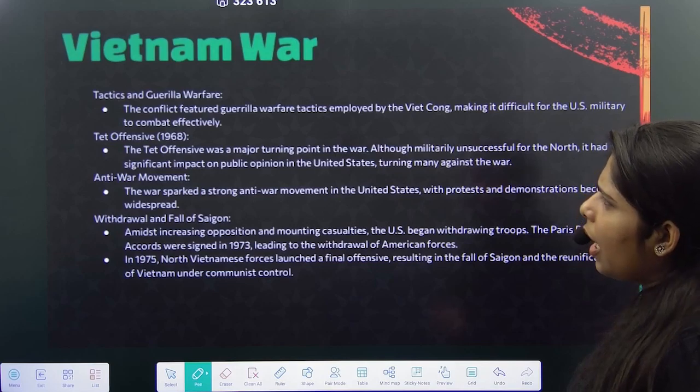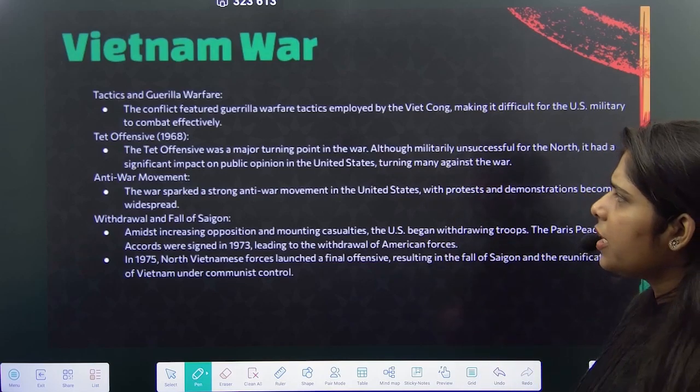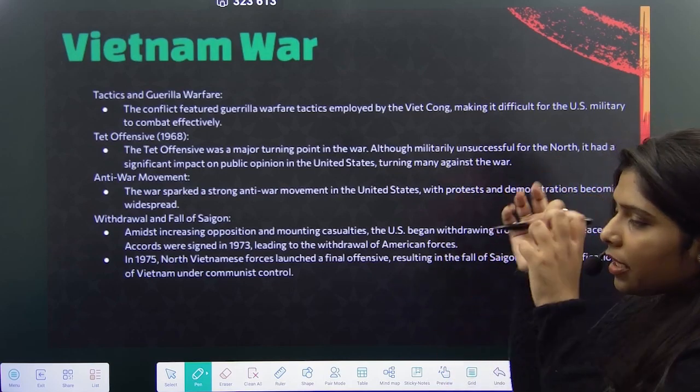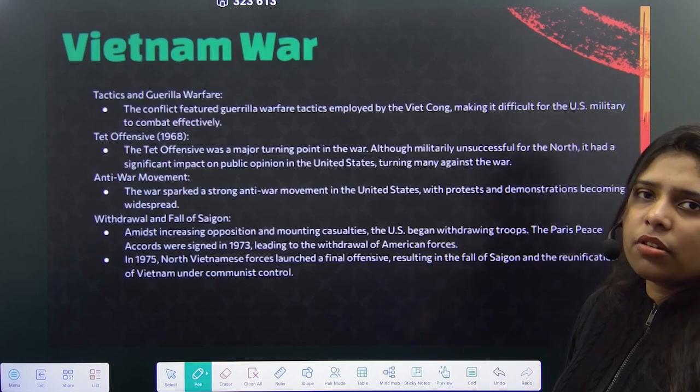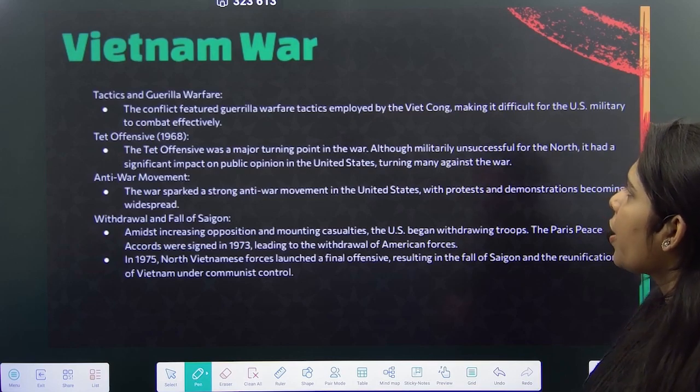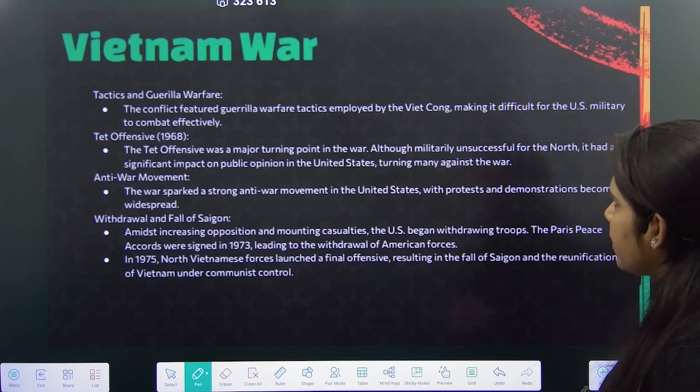I'm sure you don't need to know this, but I'm just telling you that even the locals, I mean the people of Vietnam, the army of Vietnam, were also fighting. So they used guerrilla warfare techniques, the Viet Cong.